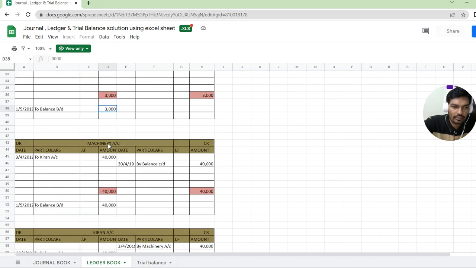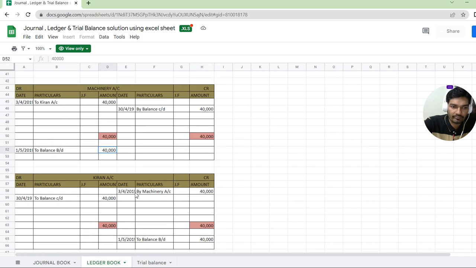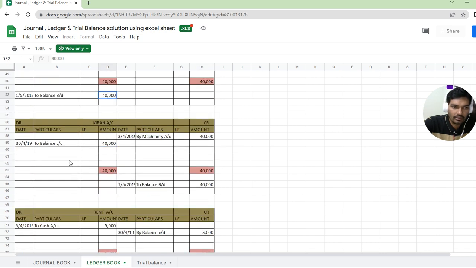And the machinery account. Machinery is an asset and shows a debit side balance only. Debit side 40,000 is available, credit side 0. So the same balance we show on the credit side as closing balance by balance carry down, and this will be carried forward to the next month to balance brought down 40,000. Next one, Kiran account.